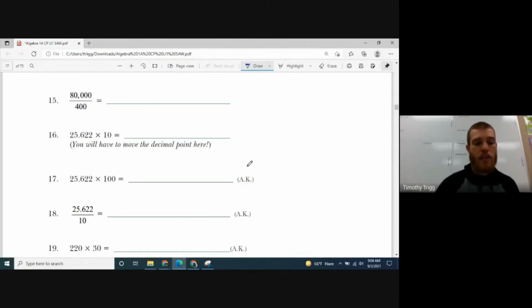Now, what about numbers that have a decimal point? So in this case, number 16, it says 25.622. Well, the first thing I want to talk about is what a decimal point means. I'm sure you've seen them before throughout your career through math, but perhaps the most obvious place we see decimals is in money.